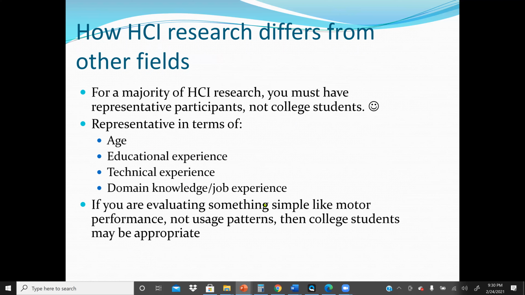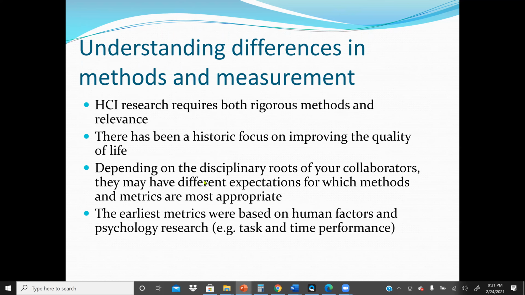The main reason, again, is that HCI is more technically involved, so we need participants who have knowledge about the technology, and also by age. Maybe we try to develop a system that will interact with kids to play a game, so this will be based on age. A complex system maybe will be based on the technical experience of the participants, etc.